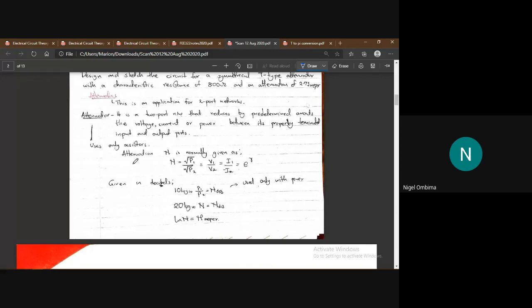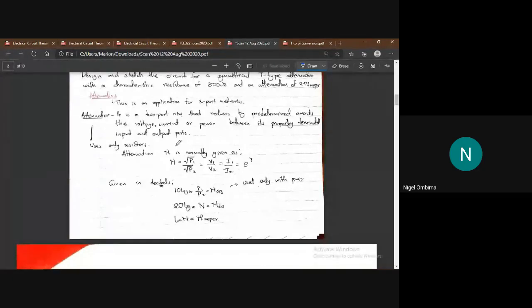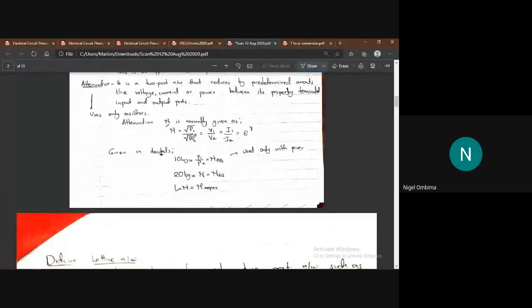So it reduces the voltage, current and power depending on how it's terminated inside a circuit, and it only uses resistors. So attenuation, normally N, is the output.